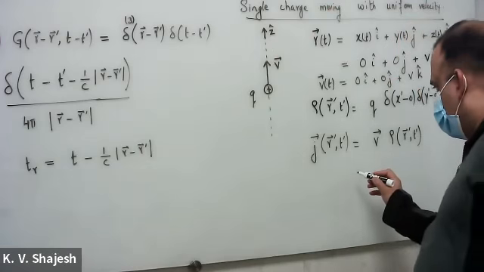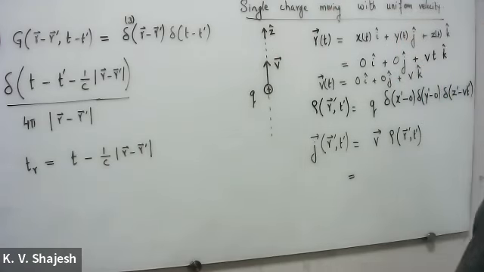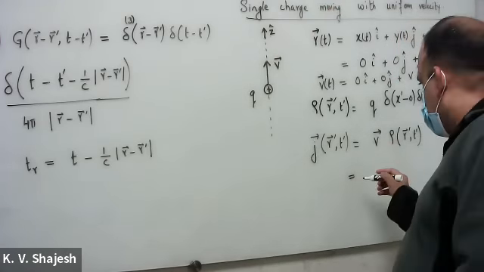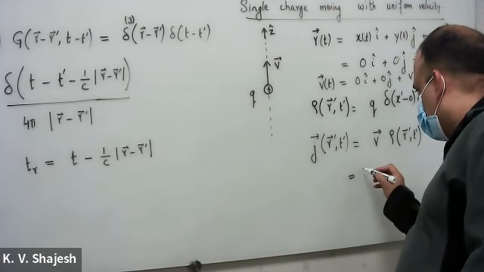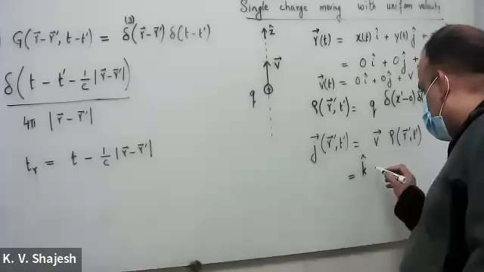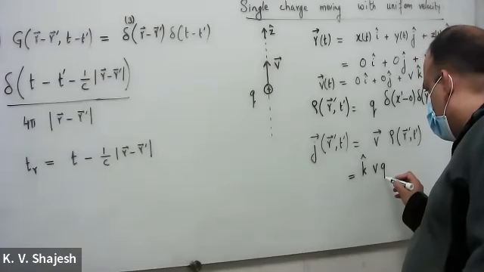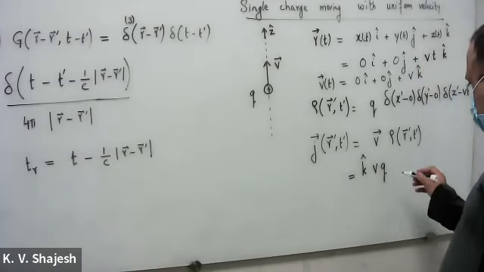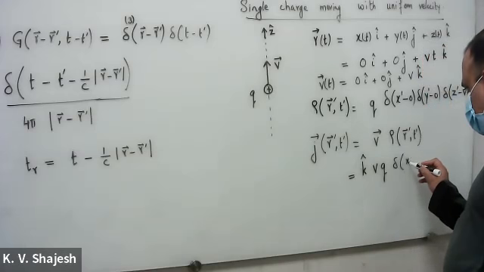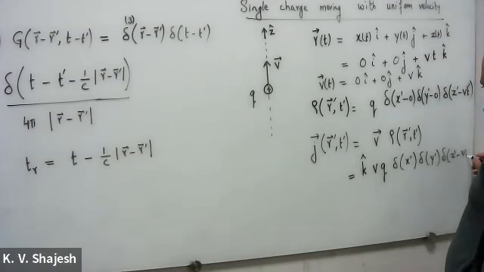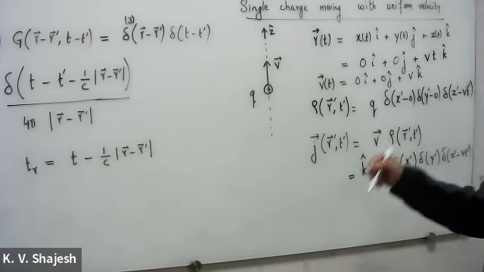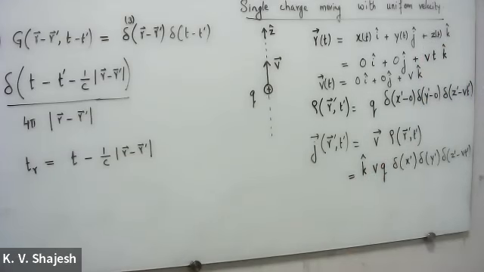So this is equal to k hat times v times q, or q times v, times again the same delta of x prime, delta of y prime, delta of z prime minus vt prime. This time I did not write the zeros. Okay.